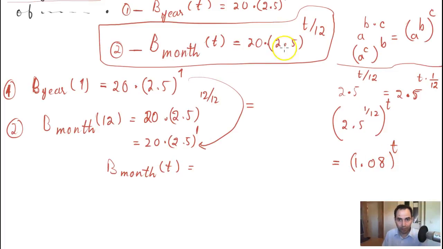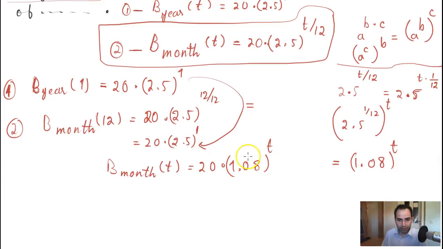So now I can rewrite this equation as b of month of t, which is equal to 20 times, instead of 2.5 raised to the power t by 12, 1.08 raised to the power t.